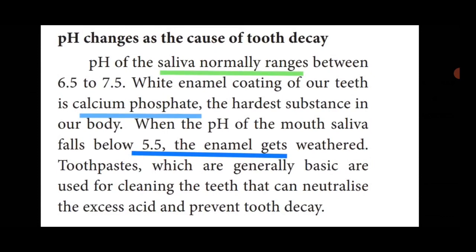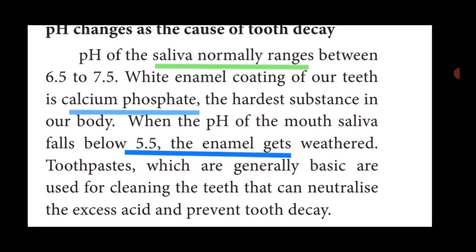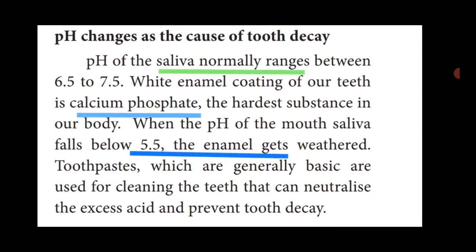If the mouth saliva pH decreases below 5.5, the enamel gets weathered. Does the value 5.5 indicate an acid or a base? Acid. So toothpaste, being basic in nature, neutralizes the excess acids and prevents tooth decay.